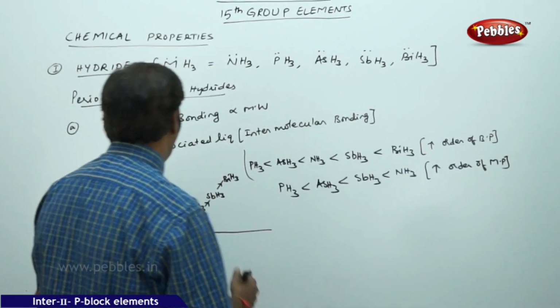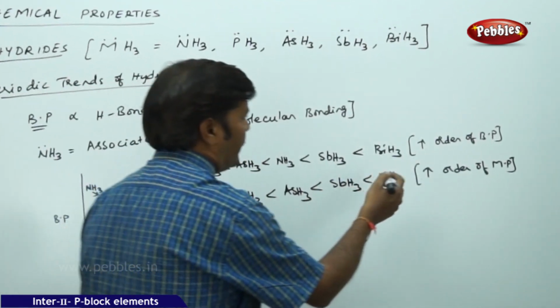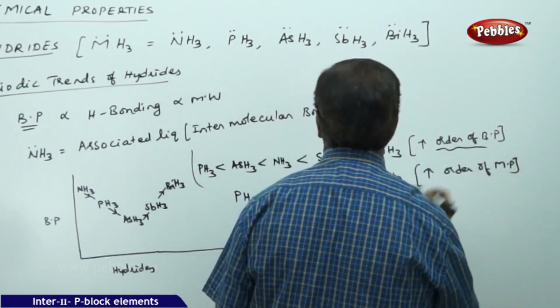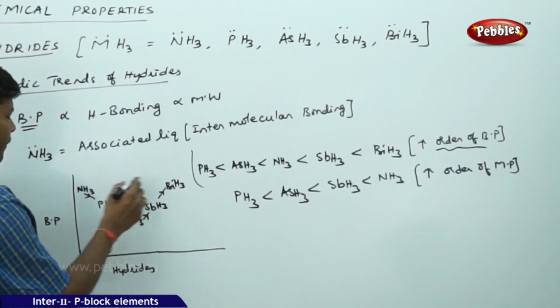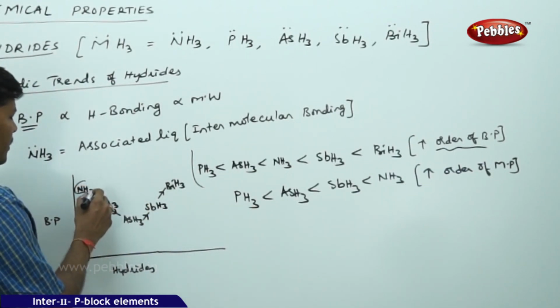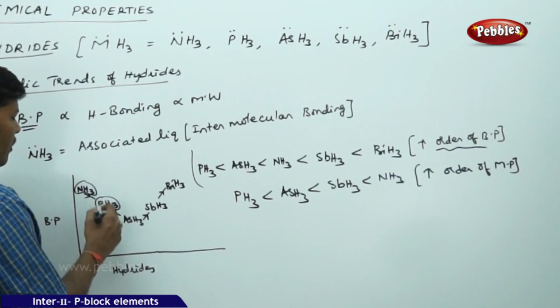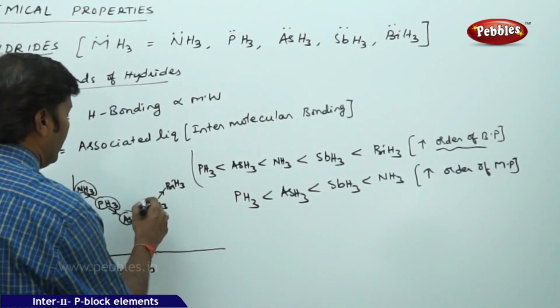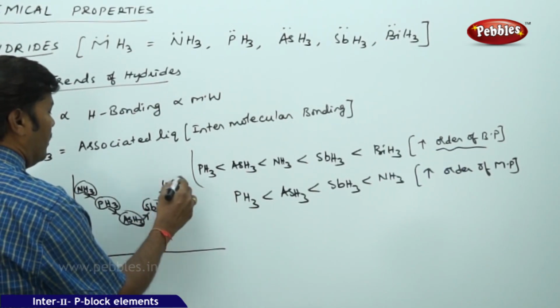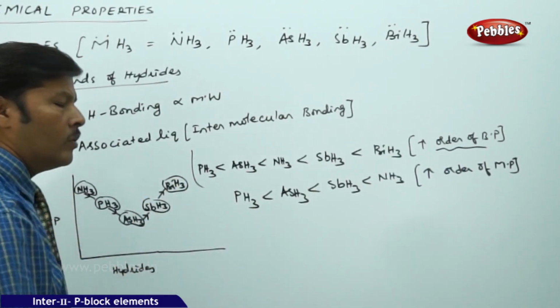If you look into the graph and study the increasing order of boiling point, you find this kind of variation from one hydride to another. From ammonia to arsine there is a gradual decrease in the boiling point, but suddenly the boiling point increases from stibine to bismuthine.